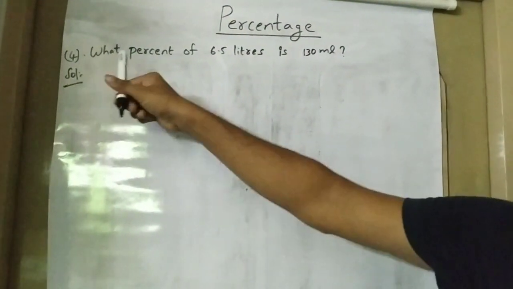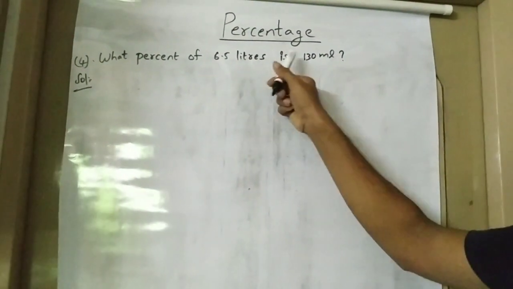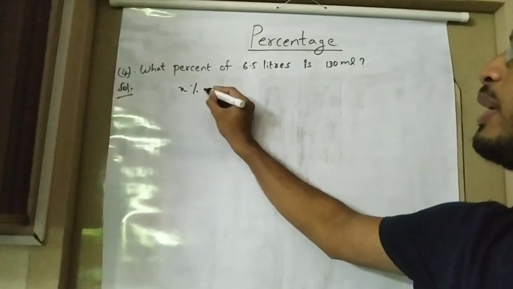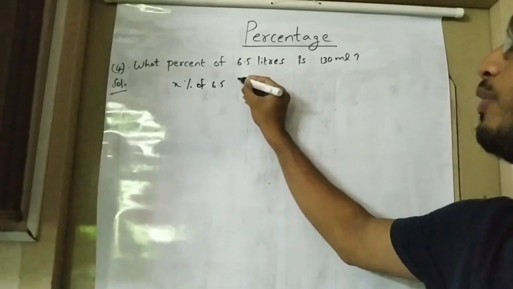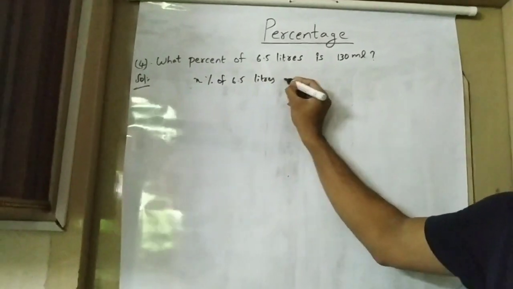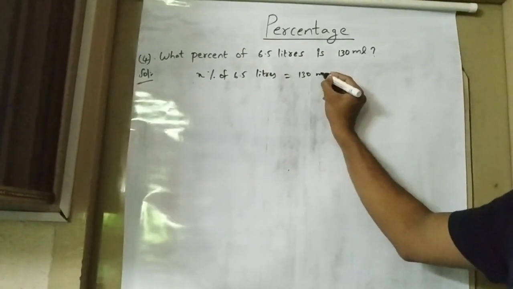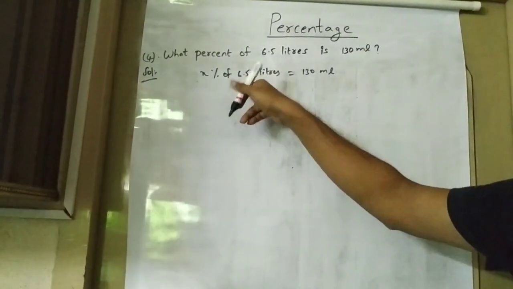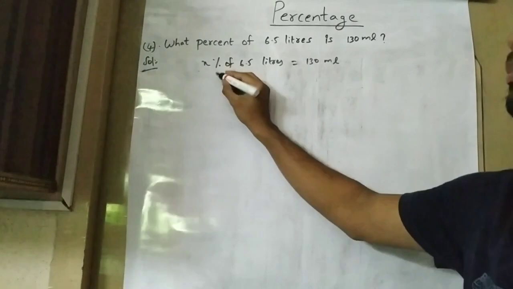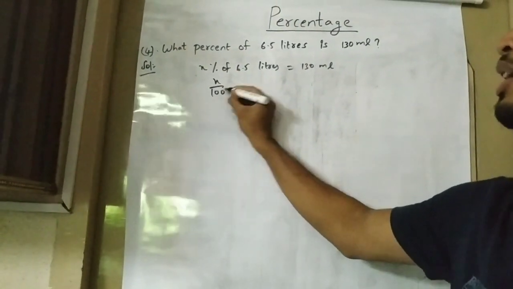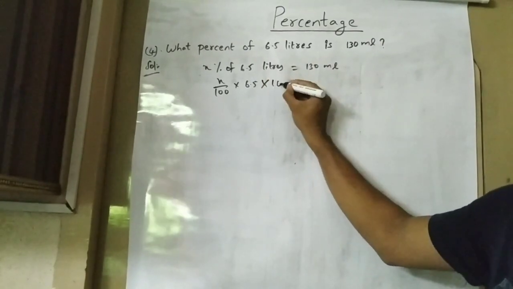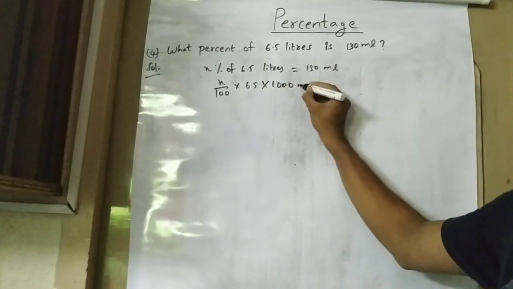Okay. So in this fourth question it is given as what percent of 6.5 liters is 130 ml. So we don't know, let it be x. So x percent of 6.5 liters is equal to 130 ml. Here 6.5 is in liters and 130 is in ml, so convert 6.5 also into ml. So percent means x by 100 into 6.5, and while converting into ml, we will multiply by 1000.